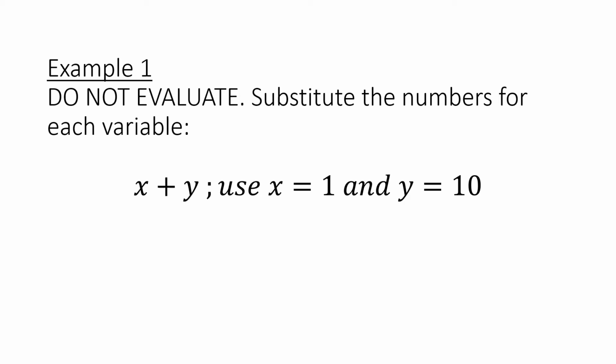So if we are only substituting, remember we're using parentheses when we substitute the numbers in for the variables, we are going to be putting parentheses around the 1 in place for the x, and then parentheses around the 10 in place for the y. So our answer is seen below. And so now we have a numerical expression with 1 plus 10.